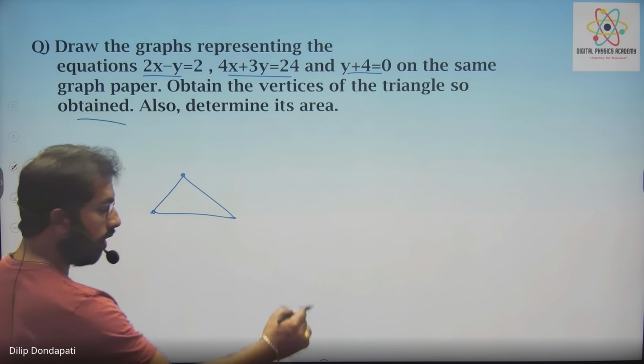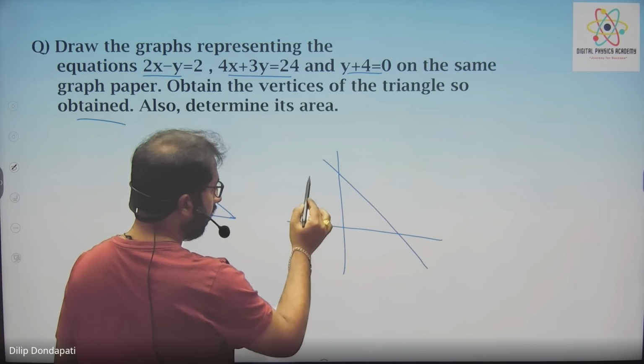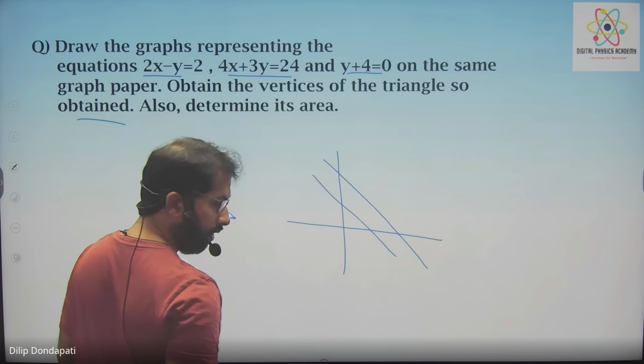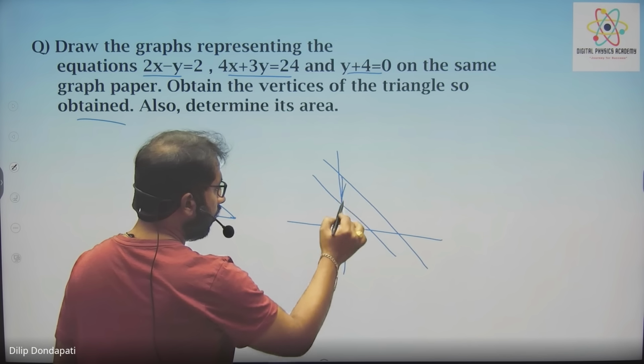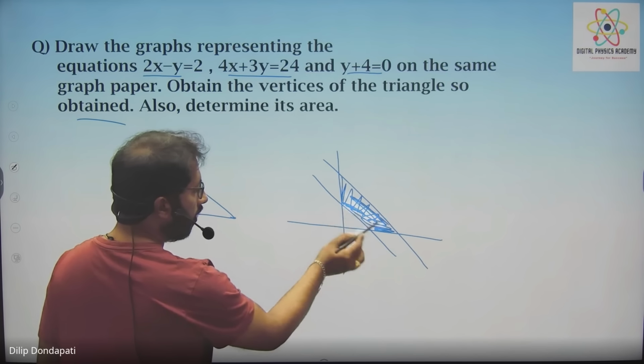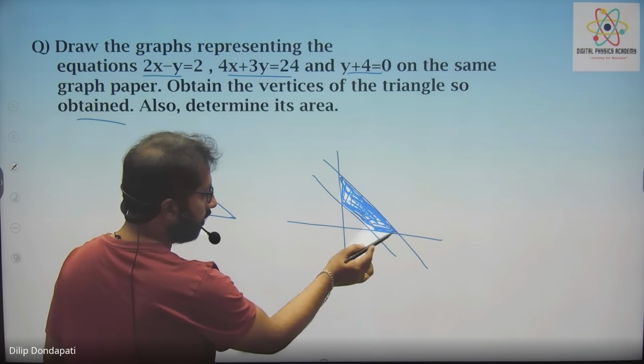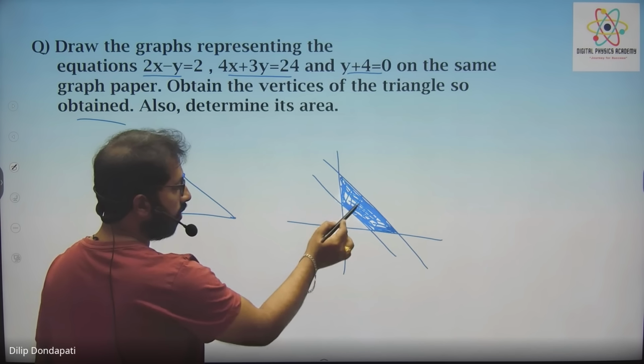Suppose you got a graph like this. This is a shaded region. I want to find the area of this shaded region only. How to find it then?